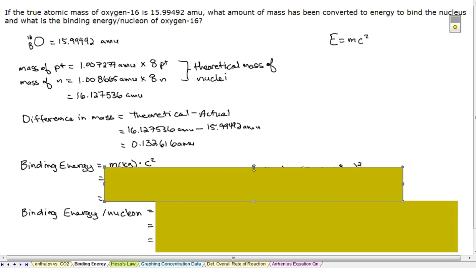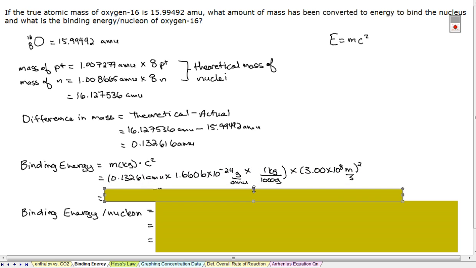So what we need to do is figure out the mass in kilograms of that difference, and then multiply it by the speed of light squared. So this is where some trickier arithmetic comes in. We take our mass in atomic mass units and we multiply by a factor, 1.6606 times 10 to the minus 24.